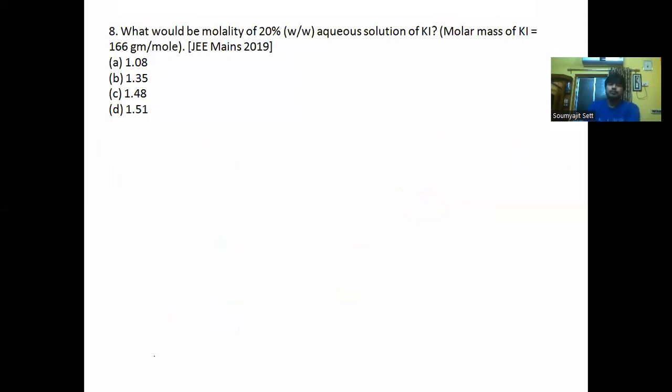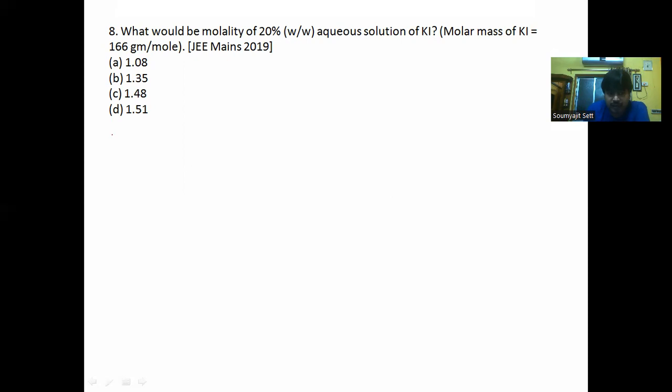Now come to another one. What would be the molality of a 20% weight by weight aqueous solution of KI? This is a very interesting question and very easy too. How can it be done? Now weight by weight is given.